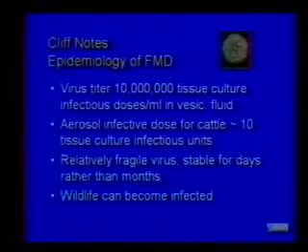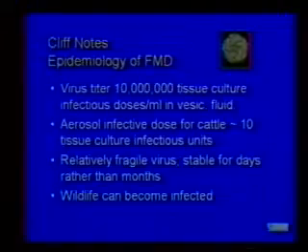Now, the virus titer in 1 ml of vesicular fluid might be as high as 10 to the 7 tissue culture infectious doses per ml. In other words, that's 10 million infectious particles.